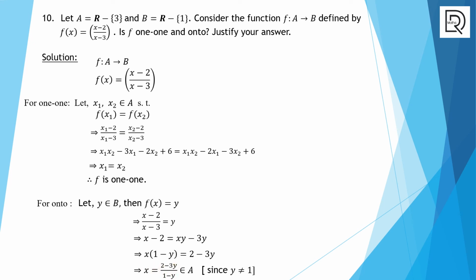Here we express f(x) = y in terms of x. So this value of x clearly belongs to A for any value of y. Therefore, for all y belonging to B, there exists x = (2 - 3y)/(1 - y) belonging to A. So therefore f is onto.